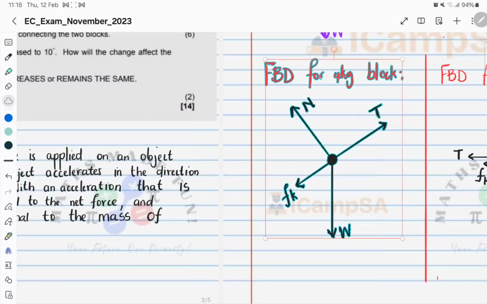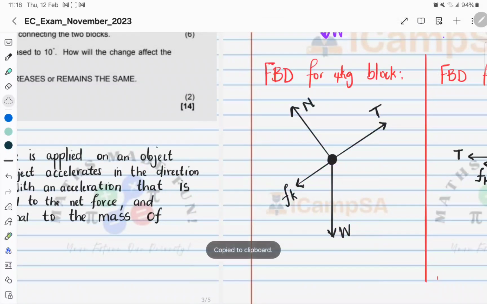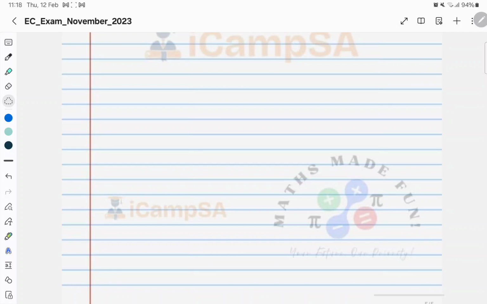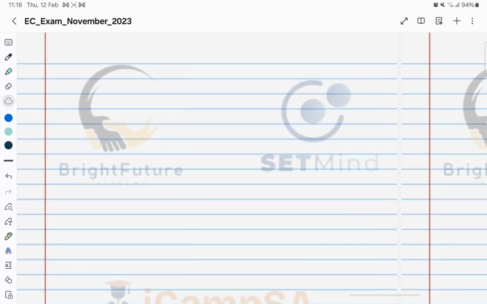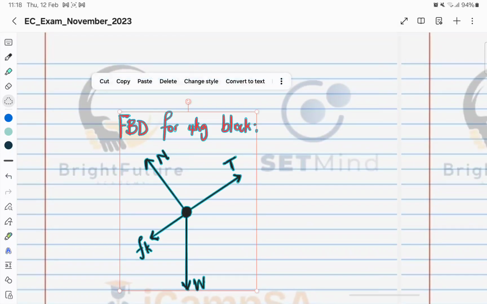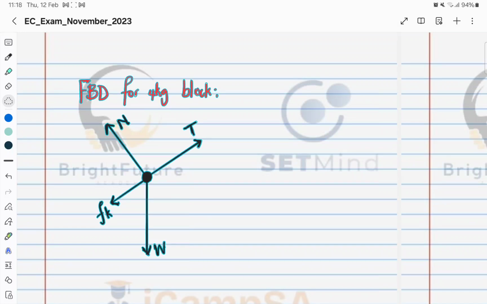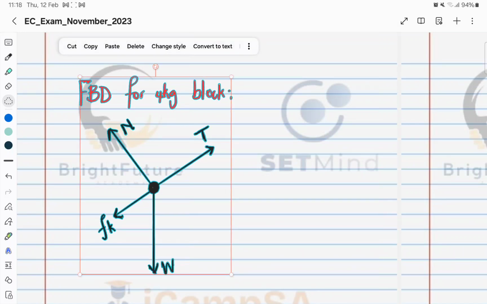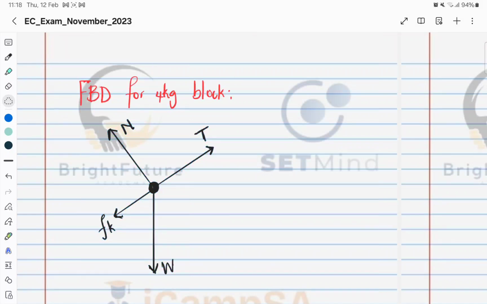They said the 4 kilogram block. So don't draw both free body diagrams because it's unnecessary. Why would you waste your time when the question clearly wants one? But when you're still interpreting the question, you can draw all of them, okay? I'm not saying don't draw all of them at all. I'm saying while you're still interpreting the question, draw all of them.